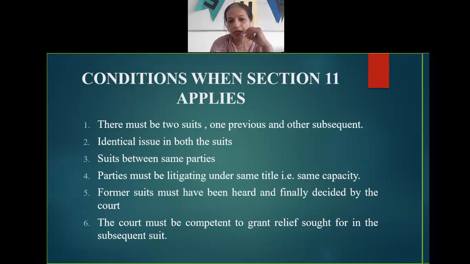But it is always a bar upon a court that when a matter has already been decided by a former court, and the judgment has been finally given and the decree finally passed, then the judgment or decree cannot be reopened for reassessment of the matter by some other court, because the principle of res judicata applies to the said situation.